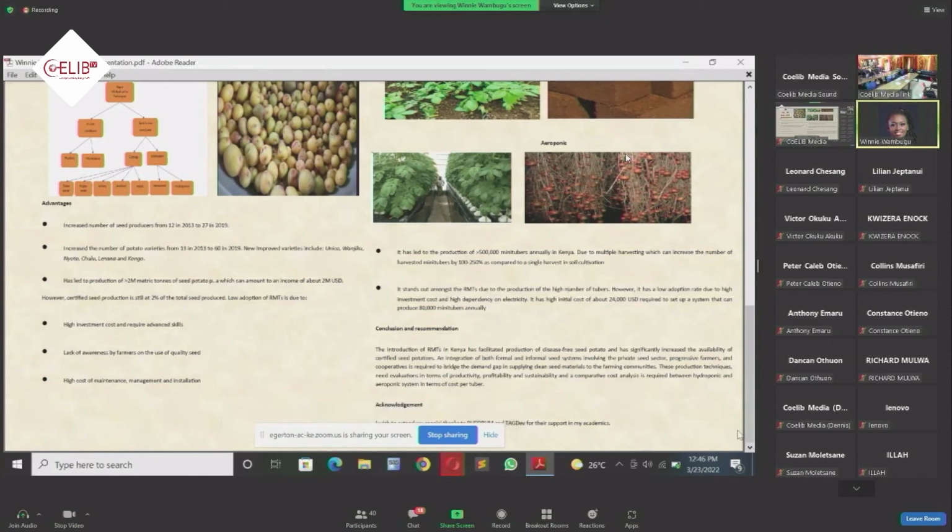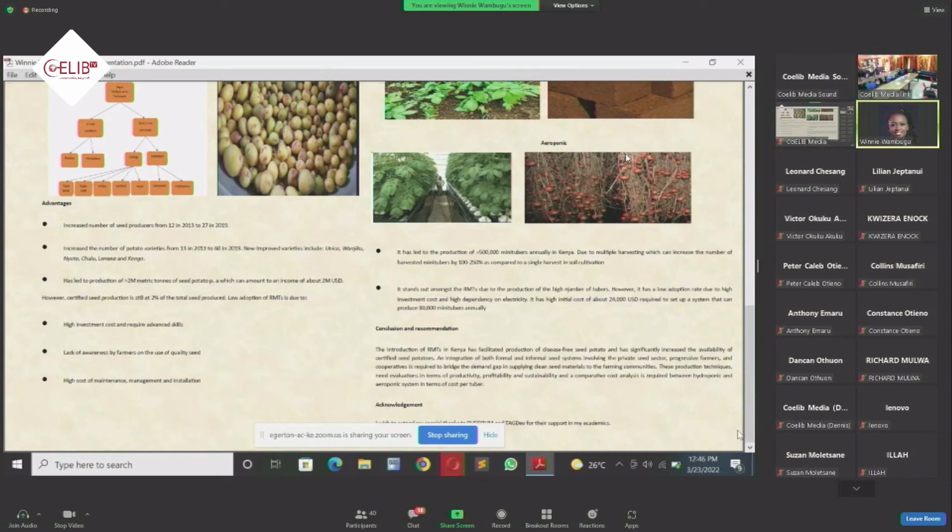In conclusion and recommendation, the introduction of RMTs in Kenya has facilitated production of disease-free seed potato and has significantly increased the availability of certified seed potato. In my recommendation, an integration of both formal and informal seed systems involving the private seed sector, progressive farmers, and cooperatives is required to bridge the demand gap in supplying clean seed material to the farming communities.